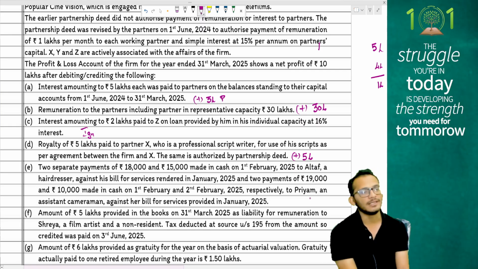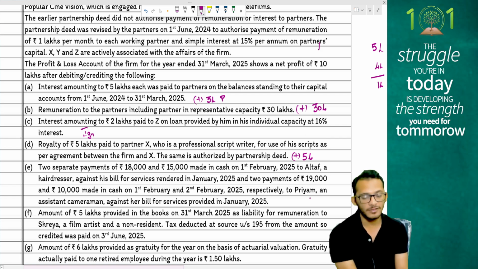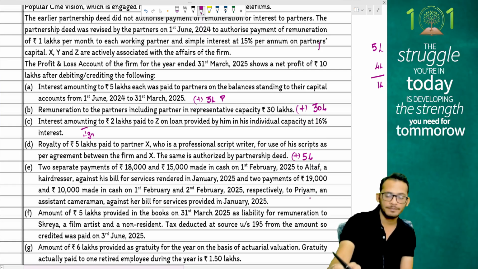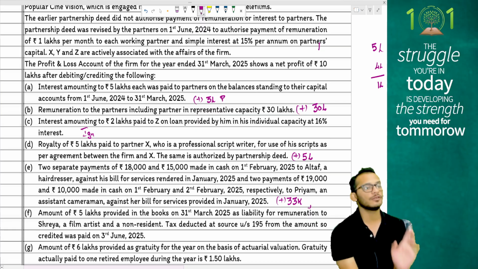People, I am talking about cash payments. Rules of 40A3 say don't make payments of more than 10,000 in a single day to a single person. Looking at Altaf first, Altaf has received 18,000 and 15,000 both on the same day, totaling 33,000, made more than the limit. Therefore, coming to the person called Priyam, Priyam has received 19,000 on one day and 10,000 on another day.